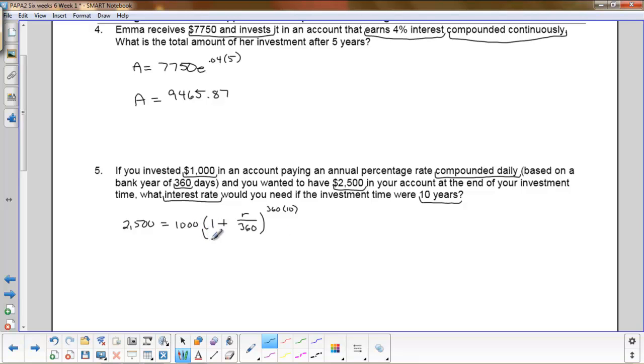Remember, we're trying to get this group of numbers alone, so we're going to begin by dividing both sides by 1,000. We get 2.5 equals 1 plus r divided by 360 raised to the 3600.